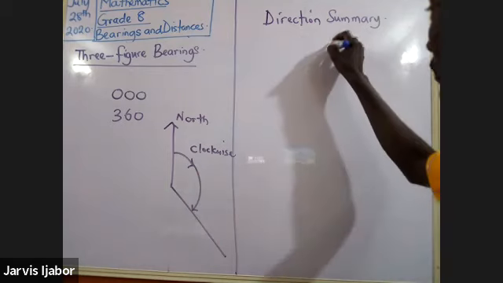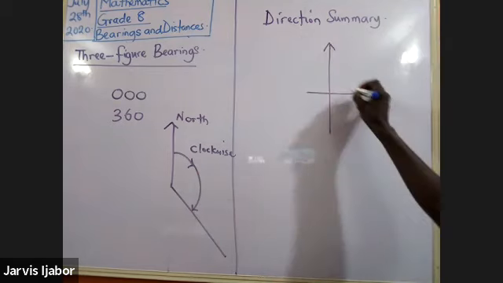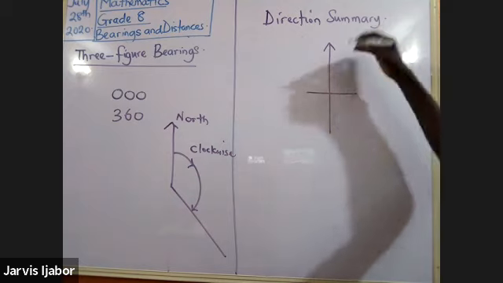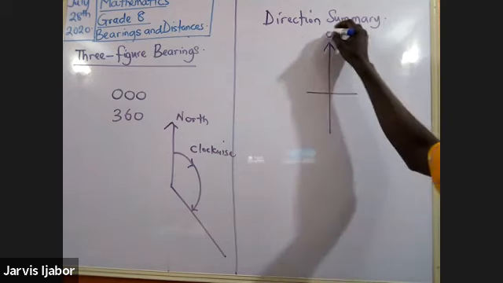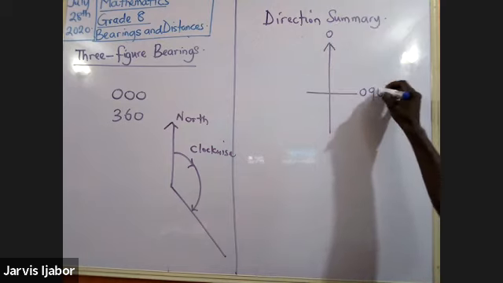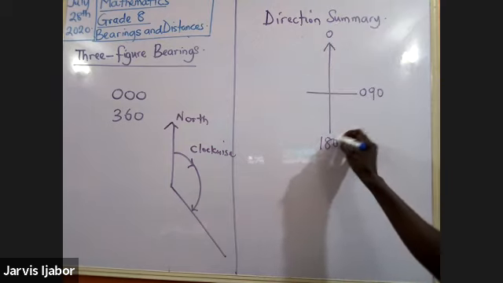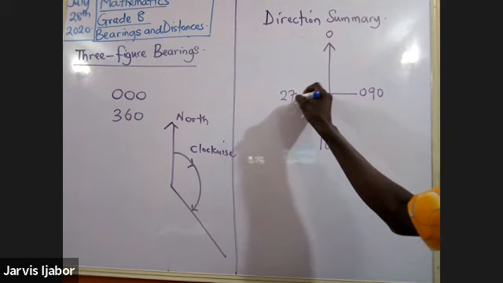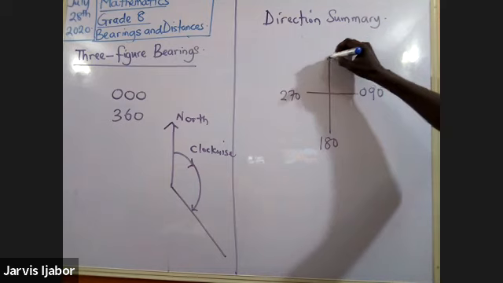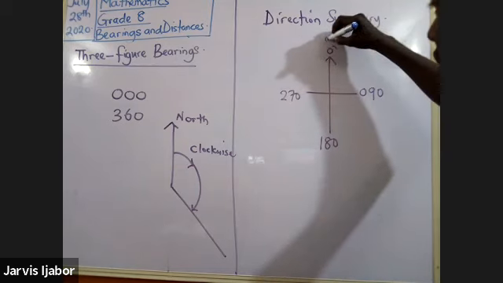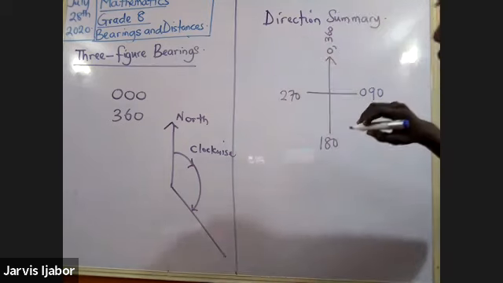Now, we'll measure with reference to the north. Any angle that comes from here, this is 0, this is 090, this is 180, this is 270, and this is 360.